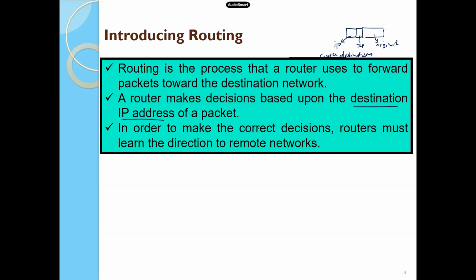Now, for smooth routing, or for the router to take a correct action, the router must learn the direction to remote networks, or at least should know how the routers are distributed among the network. So imagine the scenario here. You have 6 routers, and you have host number 2, and this is host number 1.